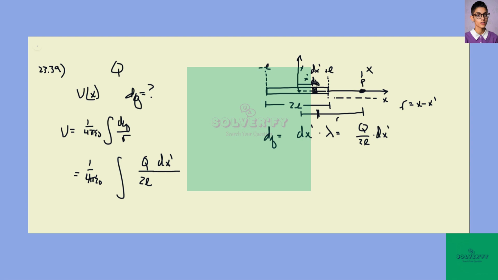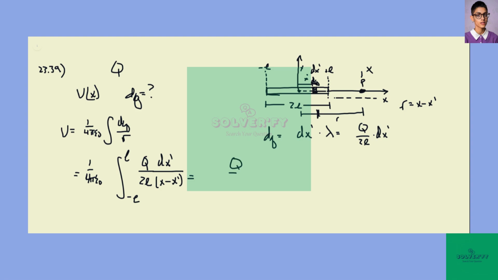So let's go ahead and write that. Now, where do we need to integrate from? We need to integrate over the whole charge distribution, and that starts at negative L and goes to L on the x-axis. Cool.